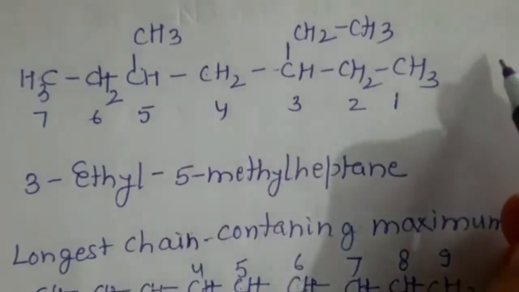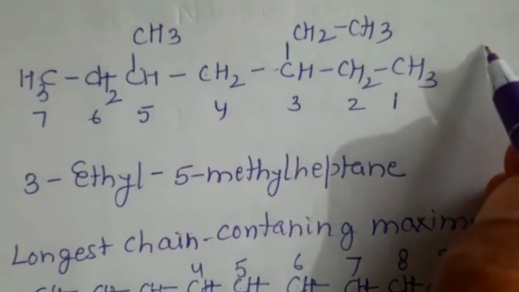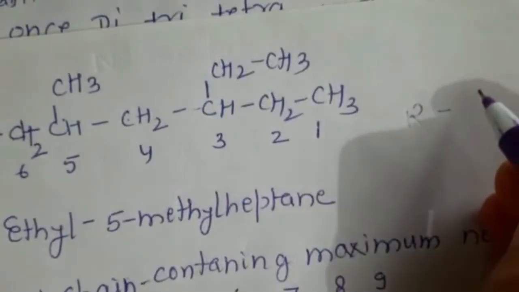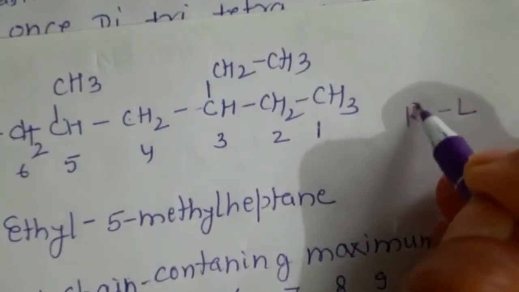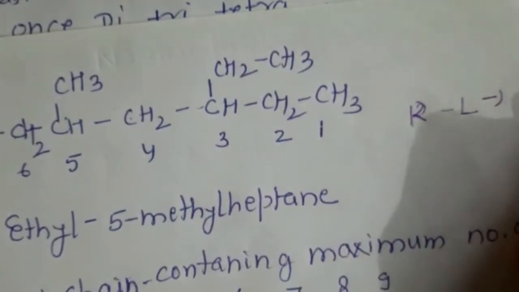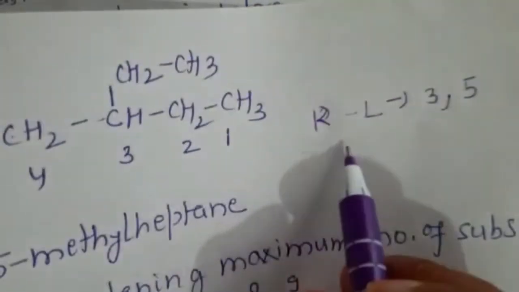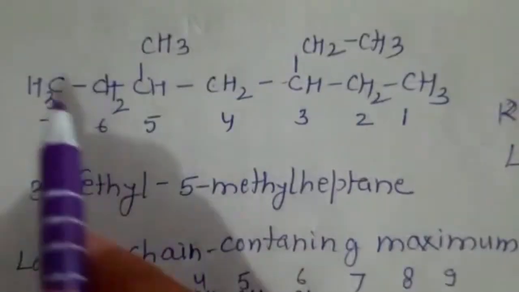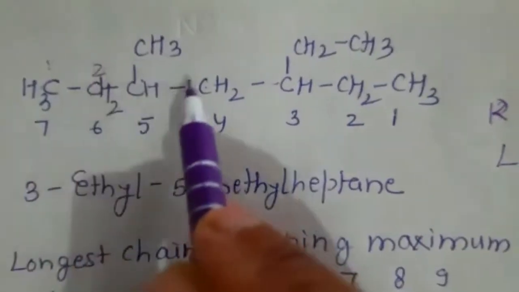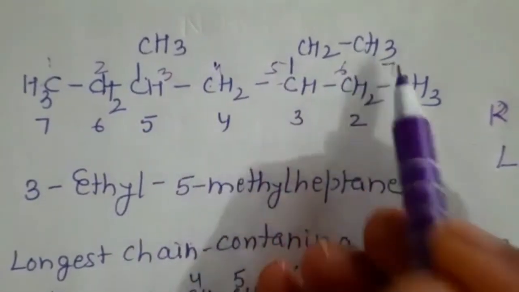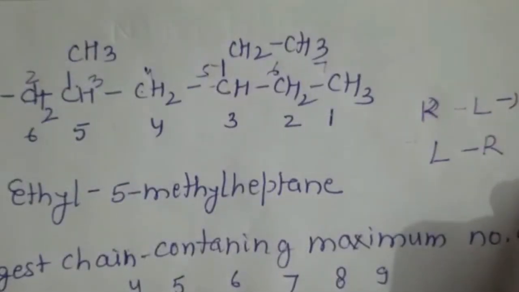So while moving from right to left, the numbers are 3 and 5, and from left to right the numbers will be again 3 and 5.